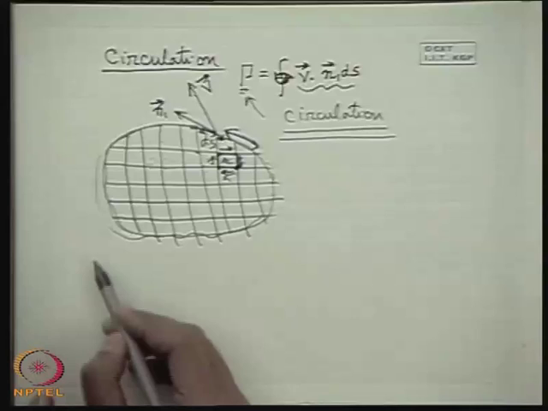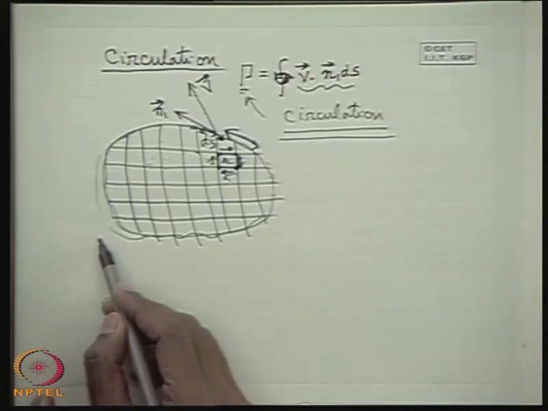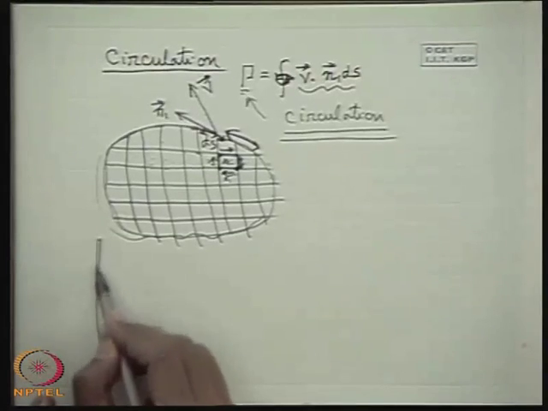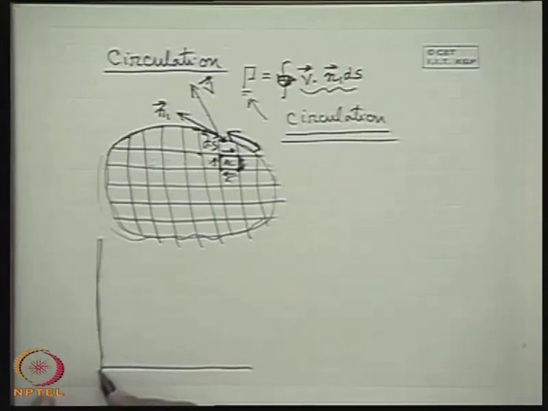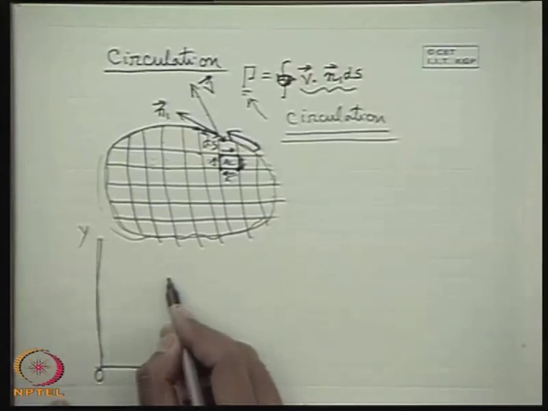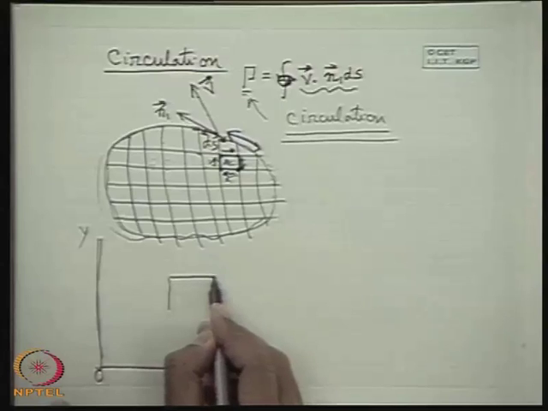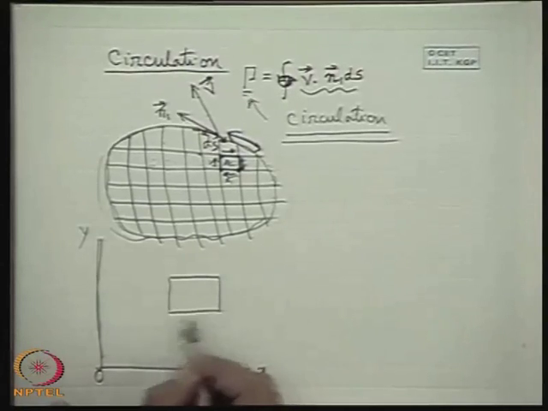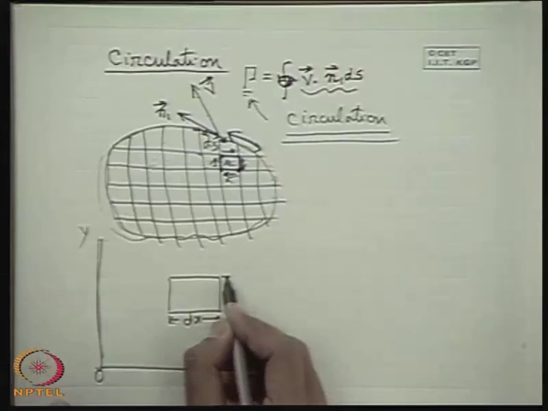Now let us find the circulation in case of an xy coordinate. Let us see a simple case. Consider a rectangular circuit like this, of length dx and length dy.